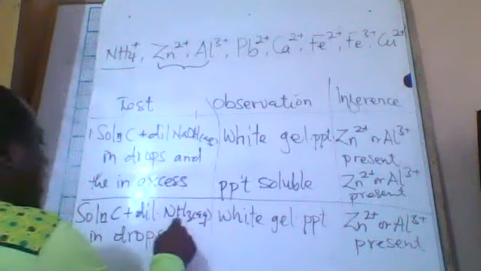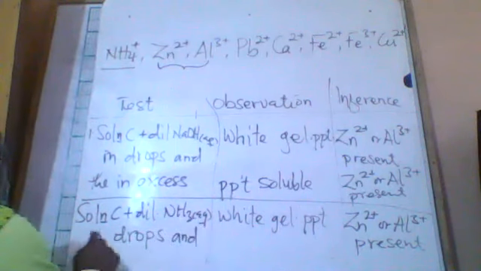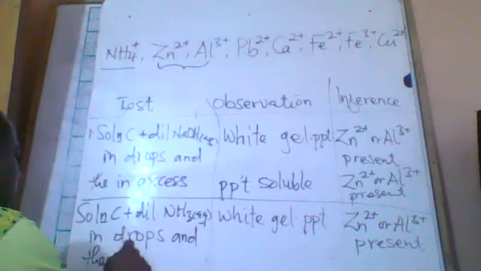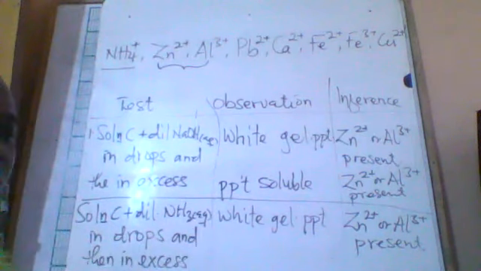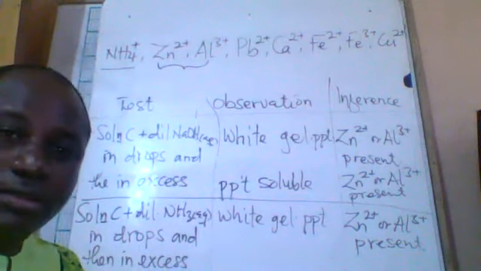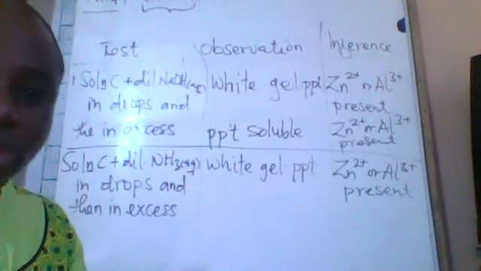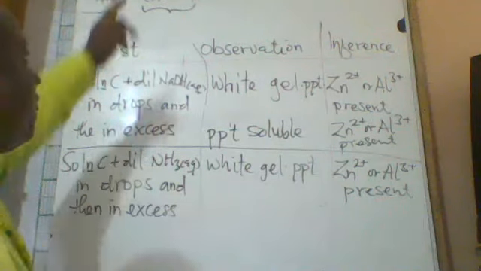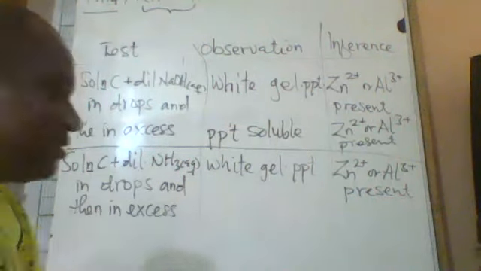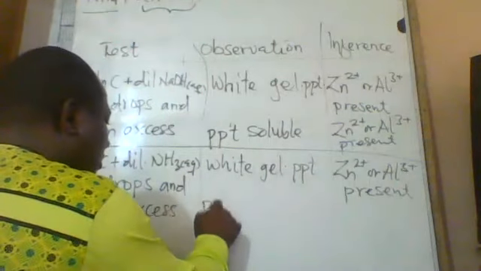So, and then in SS, one is soluble, one is insoluble. In SS, if Zn2+ is there, the PPT is soluble.